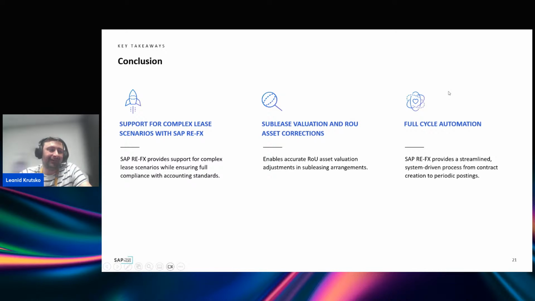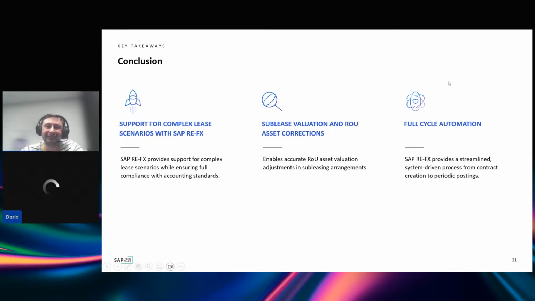We noticed that all GL accounts and financial postings were created automatically, and that the raw asset object was updated also automatically. So that's all from our end. Feel free to ask your questions. We are glad to answer them.